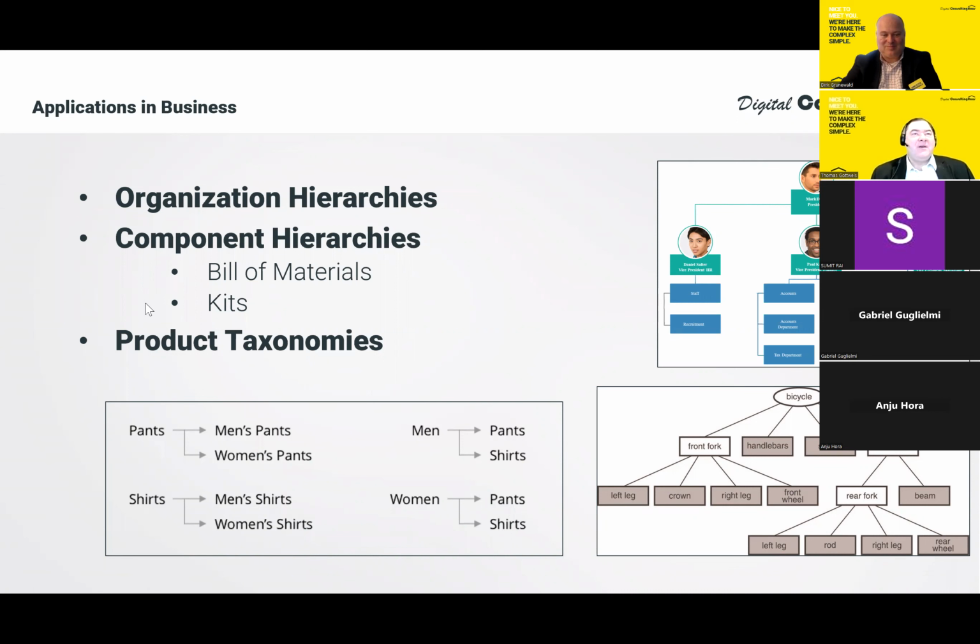Sometimes we have component hierarchies. That includes things like bills of material. And when we determine what it is that we need all of the components to assemble a product that you're going to manufacture. Sometimes that just is a list of all the things that goes in a bag if you're putting together kits of things to sell.